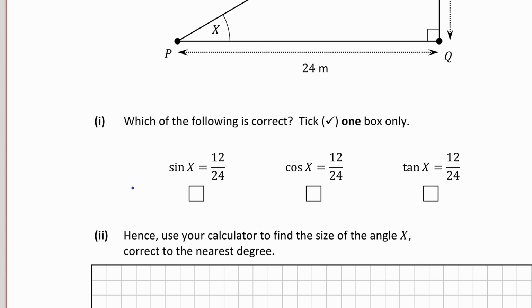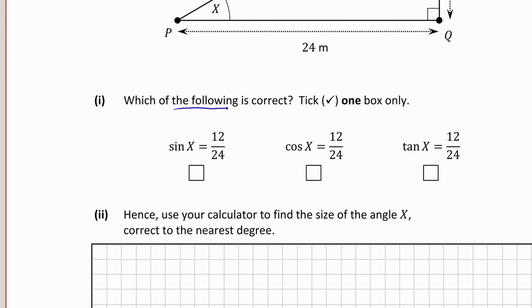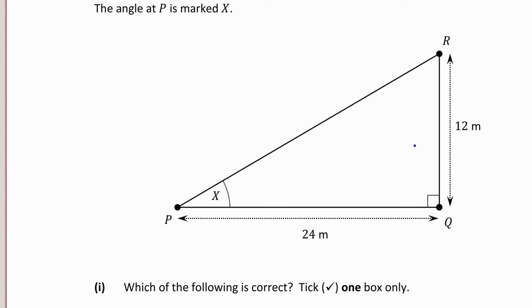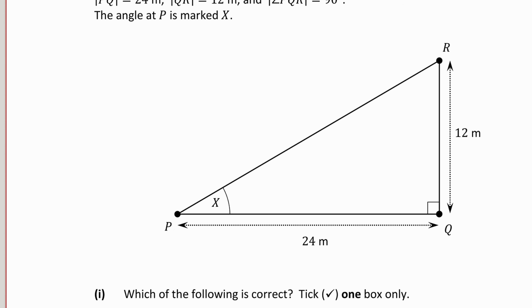In the first part, we need to work out which of the following is correct, and tick one box only. If we look at the diagram, for this angle X, this side of 12 meters represents the opposite side.